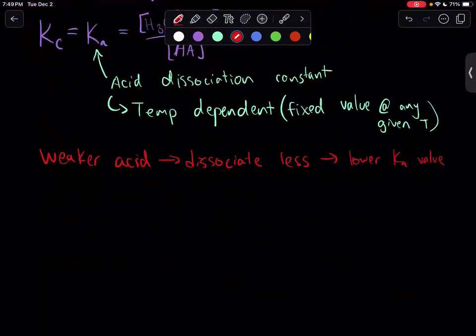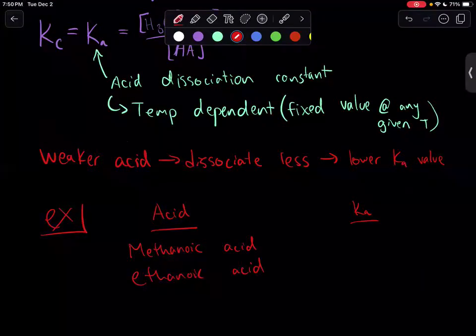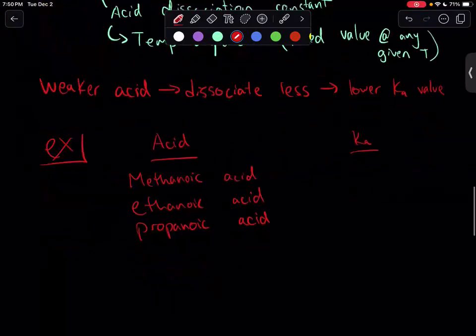So if we have an example here, let's look at three acids, acid and Ka. And our three acids that we'll use throughout this are methanoic acid, ethanoic acid, and propanoic acid. We don't have OChem yet, but the only difference between each of these is meth means one carbon, eth means two carbon, prop means three carbons.